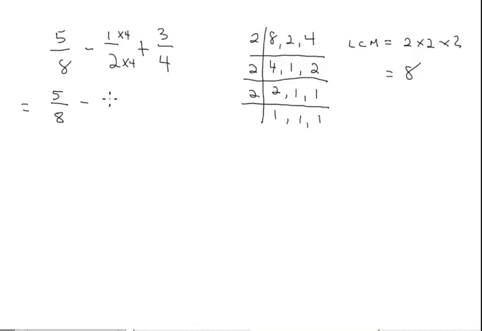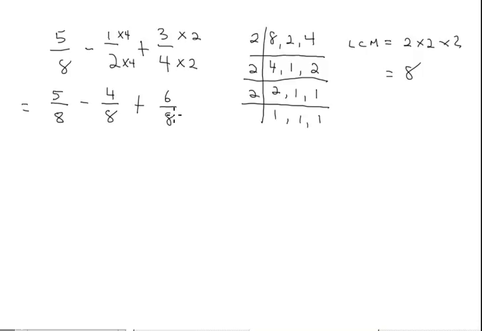The same, right? So it becomes 4 over 8. Copy back the plus sign, and then 3 over 4, I need to change my 4 to 8 by multiplying with 2. Then on the numerator side, I also need to multiply with 2. This 3 over 4 becomes 6 over 8.